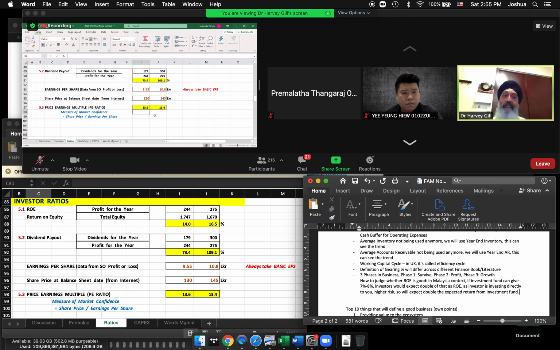Yeah, so these are the ratios. I think there are about 17 ratios here that I've gone through with you. These 17 ratios are the core ratios that you must know. Probably in the tutorial, Mr. Francis might work with you on other ratios as well. But these are the main ratios that you need, and the main information that you need to pick up from the financial statements.